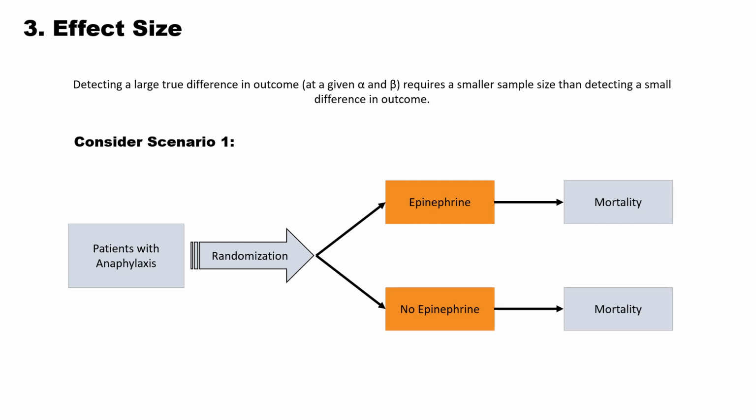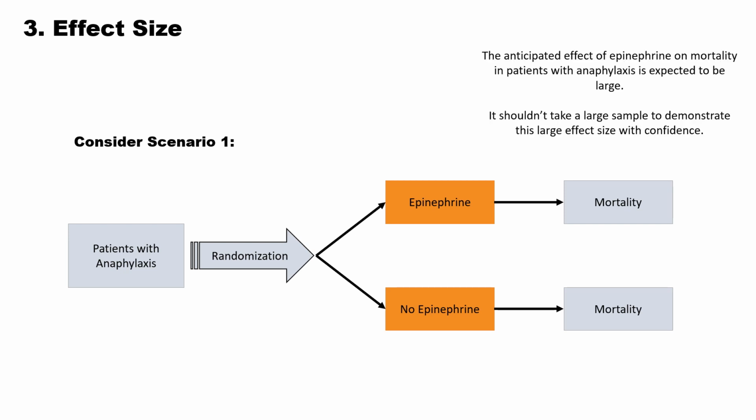Recognizing that this study design would not be ethical, consider a study in which we have patients with anaphylaxis and we take a sample of those patients and we randomize them to receipt of either epinephrine or no epinephrine, and then we follow them to determine how many of them die. The anticipated effect of epinephrine on mortality in patients with anaphylaxis is expected to be very large. So because the effect size is large, it shouldn't take a large sample to demonstrate this large effect size with confidence.